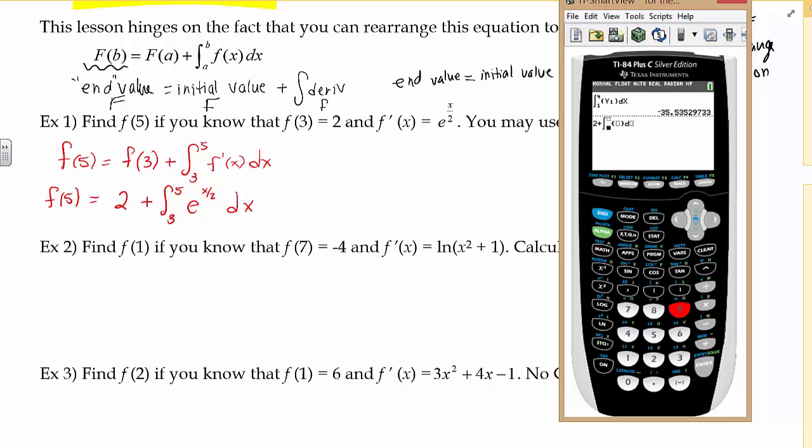And again, if you have the new fancy OS, this looks like the integral symbol. If you don't have the fancy operating system, your equation will look slightly different. I will put that up here as well for those of you who are still on the old operating system. So there you go. It's 2 plus the integral from 3 to 5 of e to the x over 2 dx, and that's 17.401.